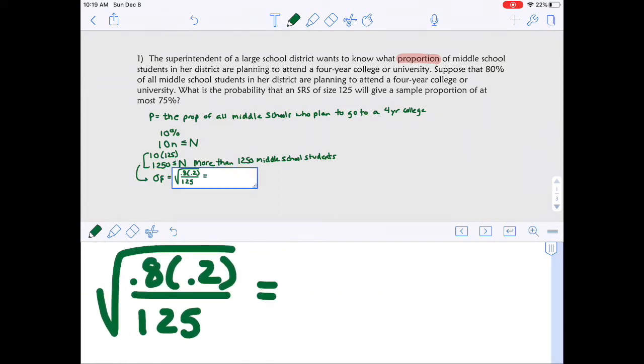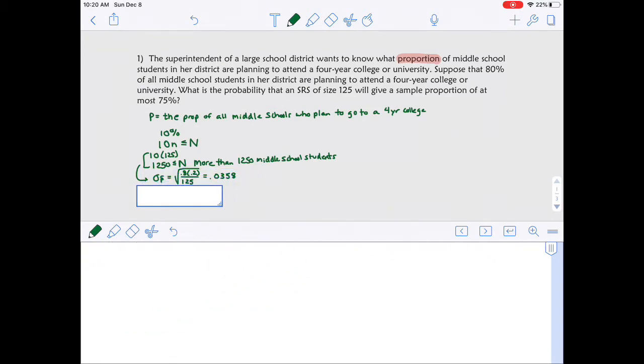Quick calculation gives us 0.0358. So, in our samples of size 125, we're expecting to deviate from the true mean by about 0.03, so about 3.5, almost 4%.